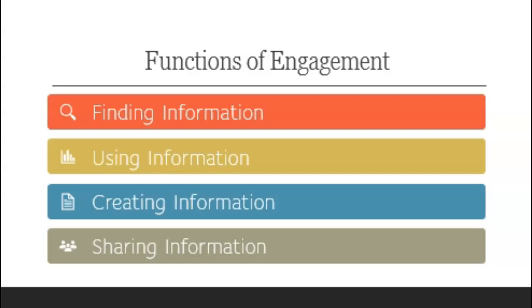We want them to be able to create information to help deepen their understanding. And then finally, we want to keep them engaged with the other students in their classes to be able to share that information not only with their teacher, but also with their peers.